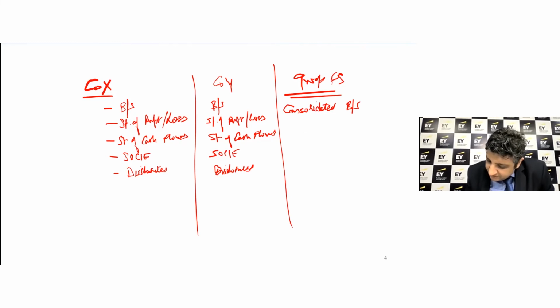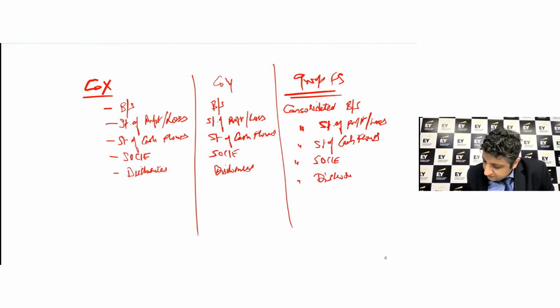consolidated balance sheet, consolidated statement of profit or loss, consolidated statement of cash flows, consolidated statement of changes in equity, and of course, group related disclosures. Okay.